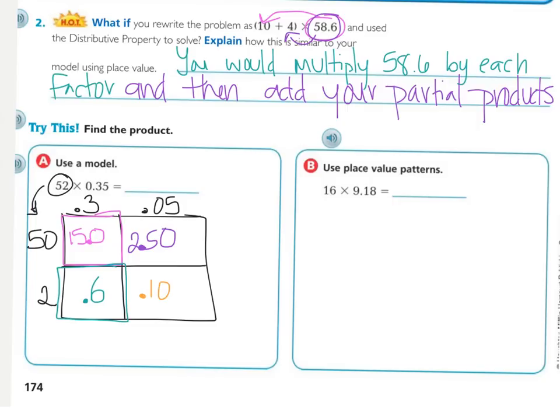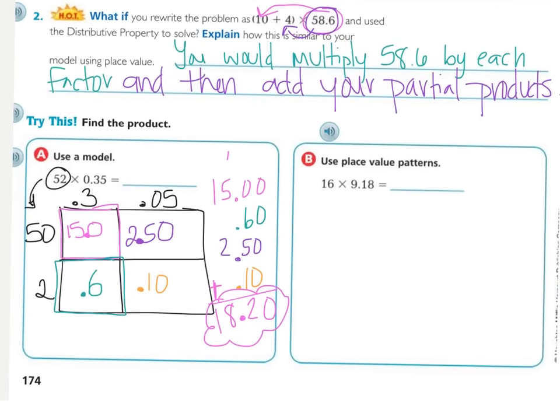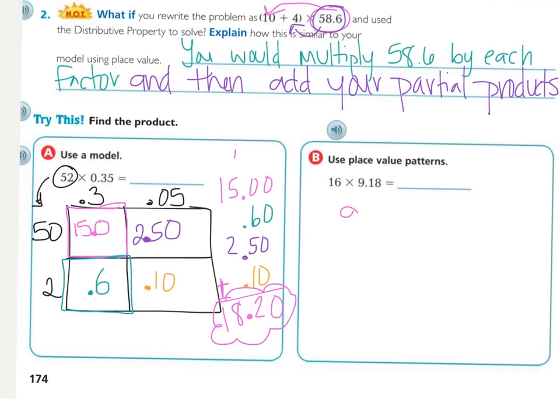And then I'm going to line up my decimals and stack them all. Then I add them all up. And my final answer is 18 and 20 hundredths. Next is to use place value patterns. So write it. I always write the one with most digits on top.